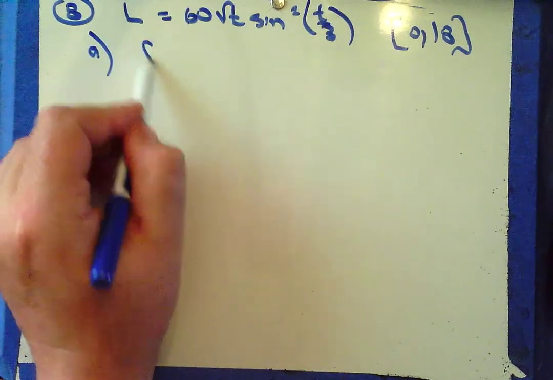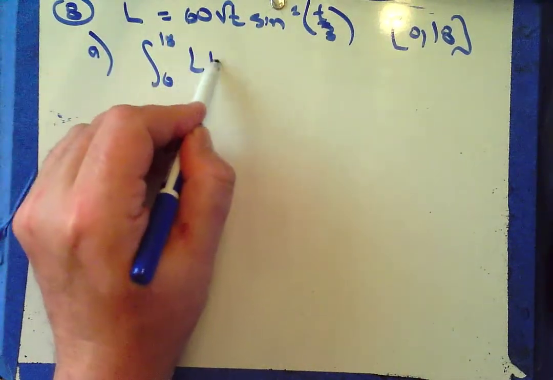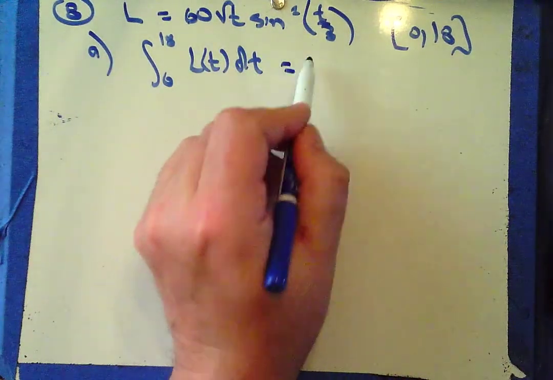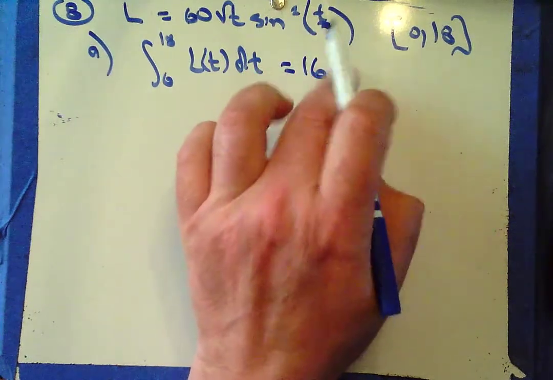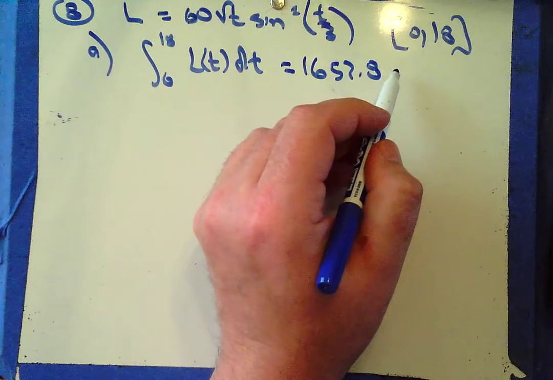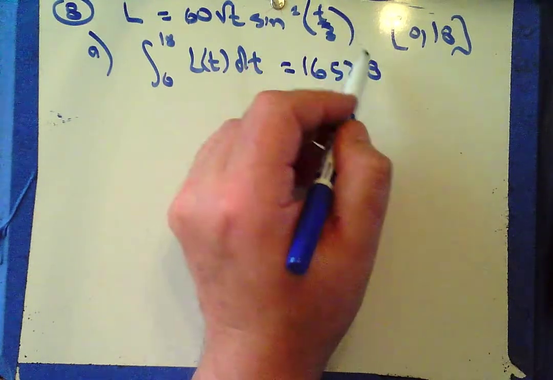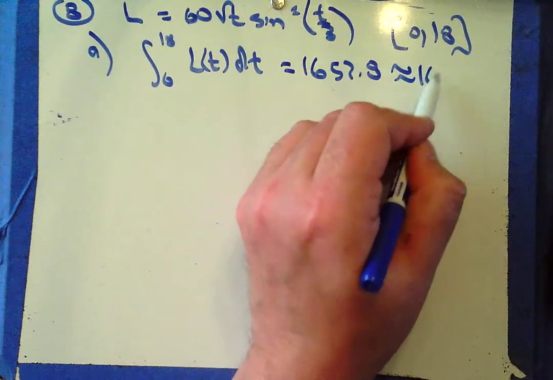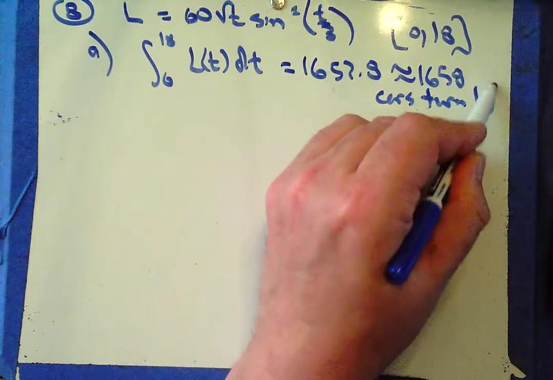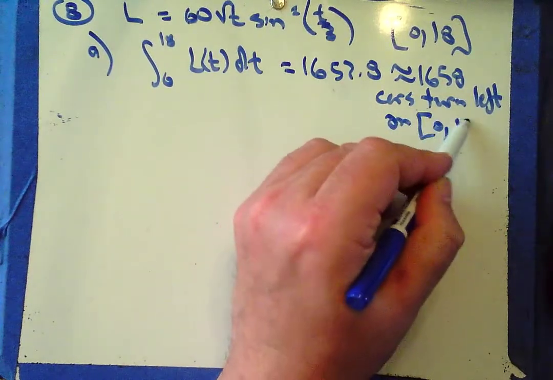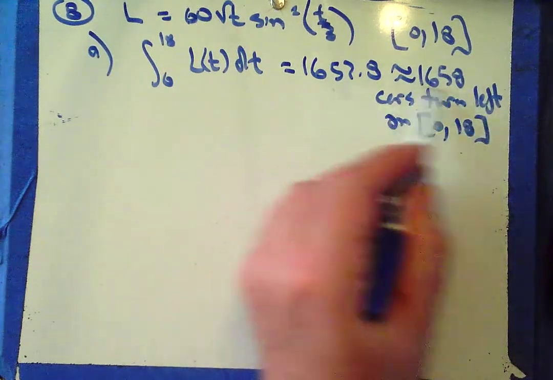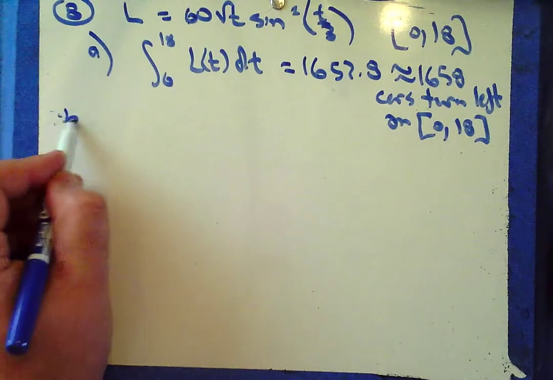Well, that's just the integral from 0 to 18 of L of t dt. And when I do that on my calculator, I get 1657.8. And it says to the nearest whole number, so approximately 1658 cars turn left on 0 to 18. Okay, please just don't write 1658, but actually give it a context. We've been working on that all year.